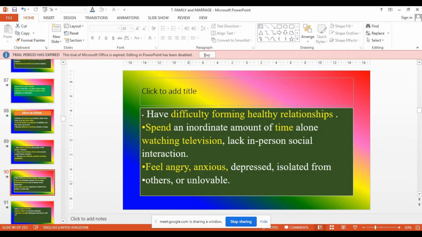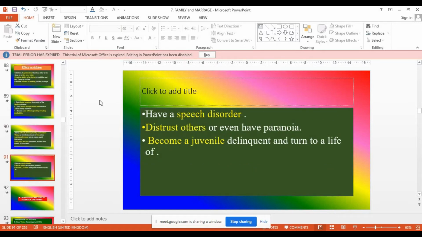Then feeling angry, anxious, depressed, unlovable. Then having a speech disorder. Due to lack of socialization, which we already learned in the second unit.